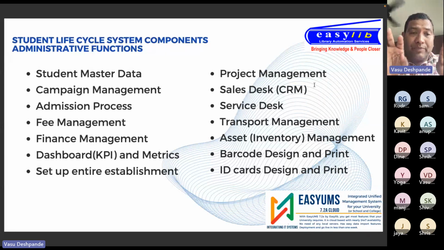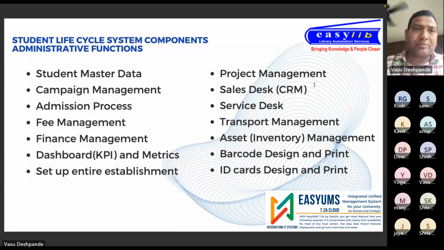Managing your entire establishment in terms of how many rooms, inventory, your service desk, sales desk, the new projects that you are doing, transport management, assets that you have, printing the barcodes to be pasted onto each of the machines, ID card printing, whatever you name it. The complete administration is expected to be covered in the student life cycle management system.